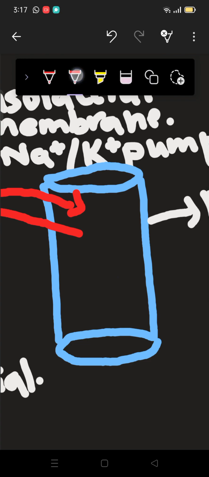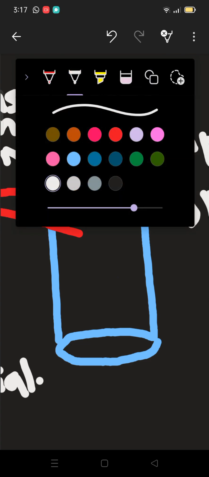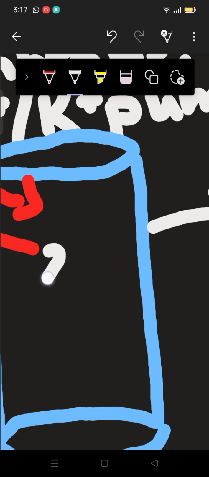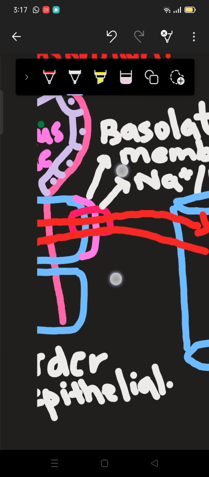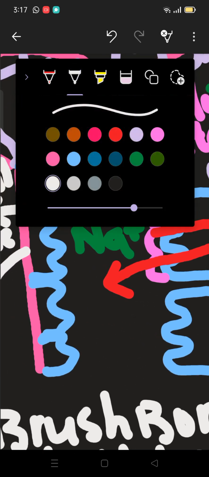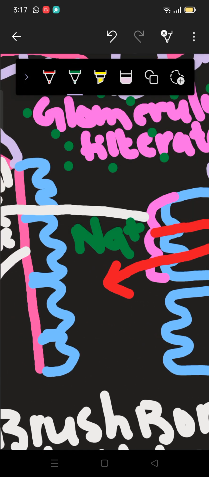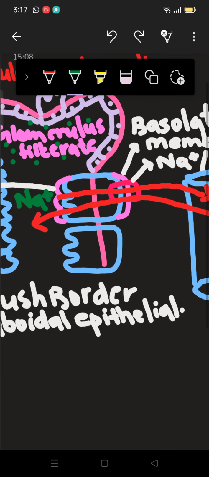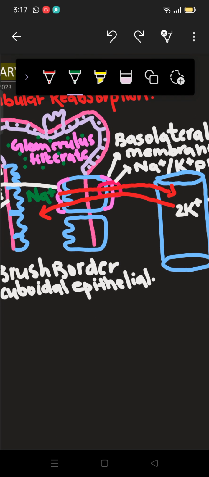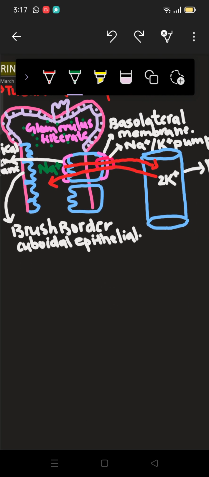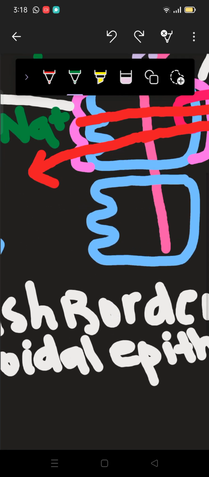Let me write it down as well: 2 potassium ions in, and it is throwing out 3 sodium ions. So 3 sodium ions are going to the peritubular capillaries and 2 potassium ions are going to the PCT, or proximal convoluted tubule.